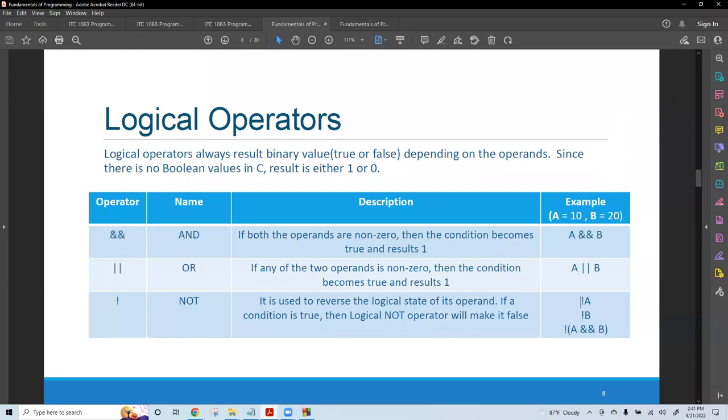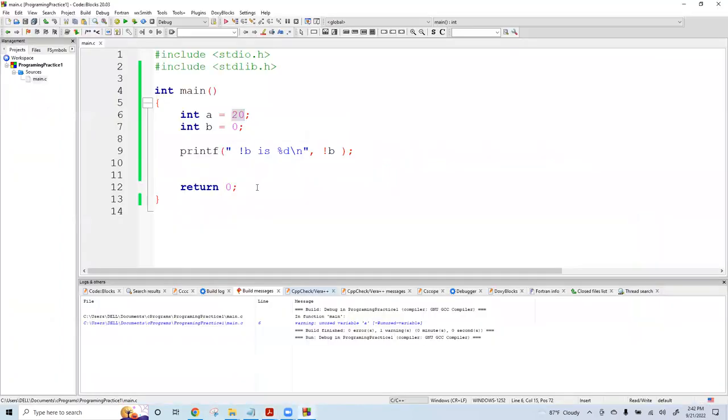We use double ampersand, double O, or not. So true or false, like in this operation, any value which is non-zero is considered as true.